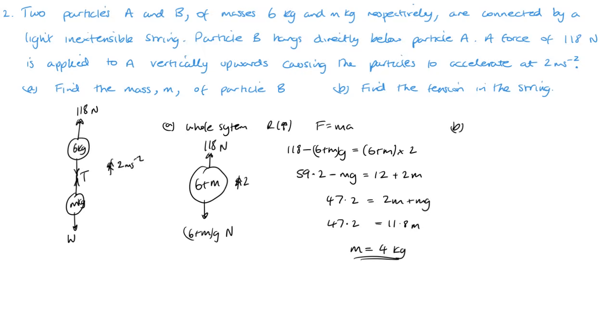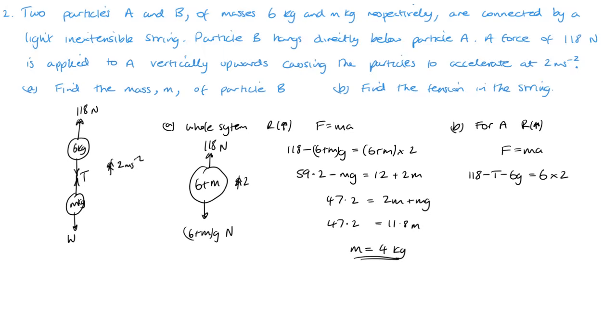Now, find the tension in the rope. So again, I could do it from A or from B. I'll do it from A this time. I'm just doing it from A because say I made a mistake with finding the mass of B, then this should still be correct from A. So F equals ma, so I've got 118 minus T minus 6g equals 6 times 2.